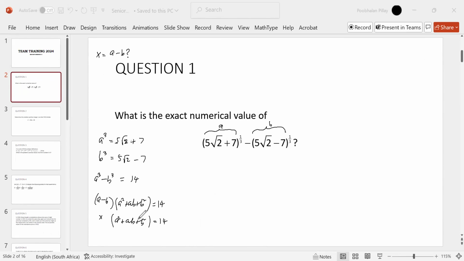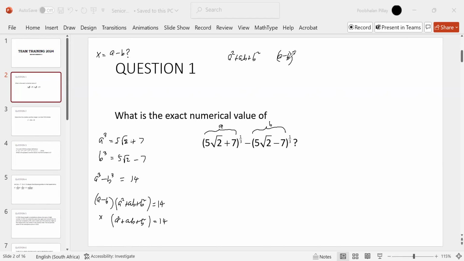All right, now we need to get X's here. I've got A squared plus AB plus B squared. How do I bring in an X into this? Well, it will certainly look as if it looks something like A minus B all squared.